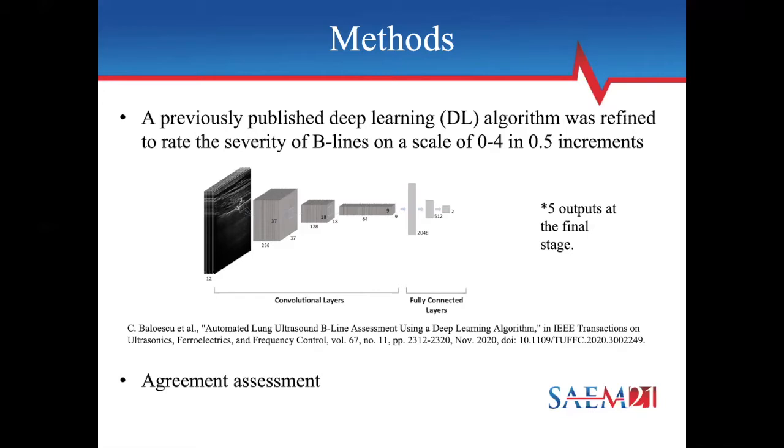Training clips that were used to refine the algorithm were rated by a researcher with experience in point-of-care ultrasound. A subset of 100 clips was used to calculate the agreement between the researcher and an ultrasound fellowship-trained expert, and between the algorithm and the expert. Briefly, the deep learning model was a supervised learning model.